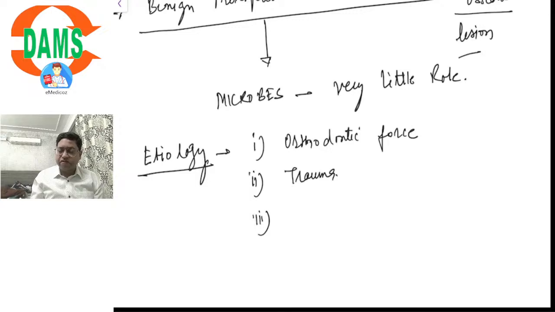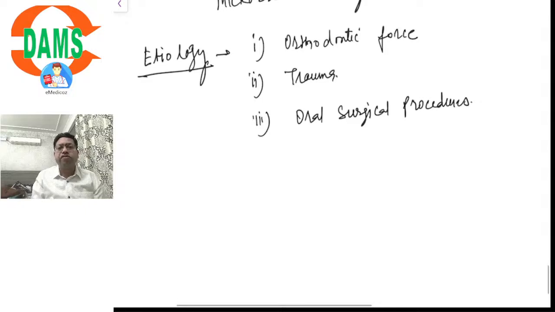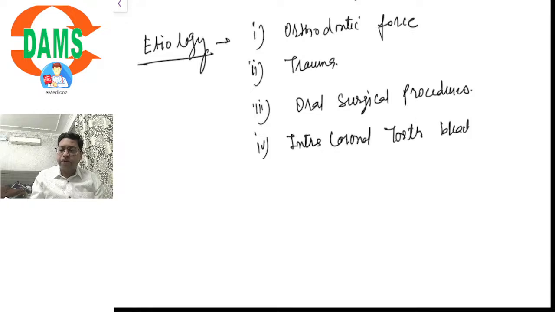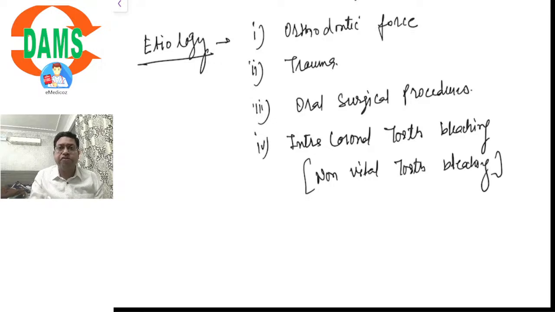Third most common cause is oral surgical procedures. Another cause that is very less common is intracoronal tooth bleaching, which is also called non-vital tooth bleaching.